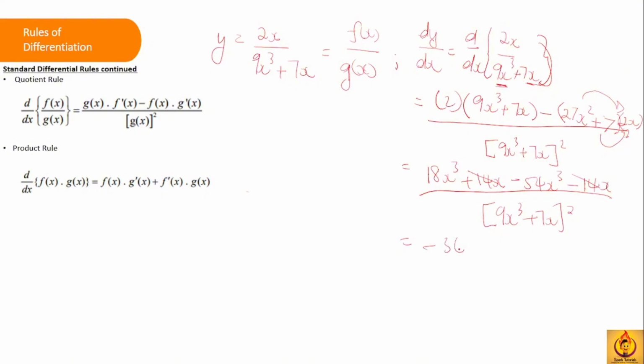So negative 36, negative because negative 54 is bigger. Negative 36x cubed will be divided by 9x cubed plus 7x squared, and that will be the derivative of our y.